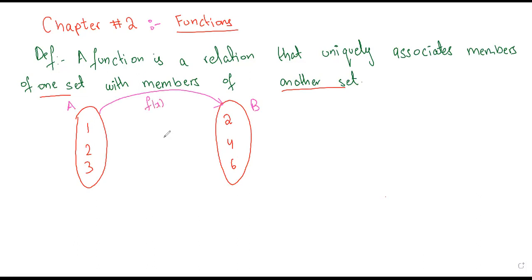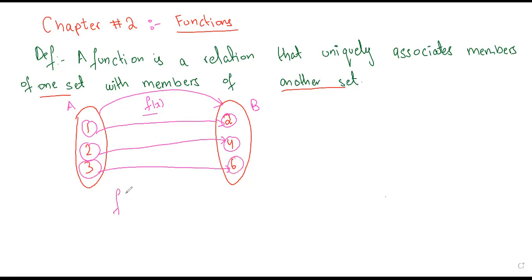Now let's try to understand this through the diagram. This is my function which is associating a member of one set to a member of the other set, again a member of one set to a member of another set. What do we understand? That f of x equals 2x. In set A I have x, and in set B I have f of x.